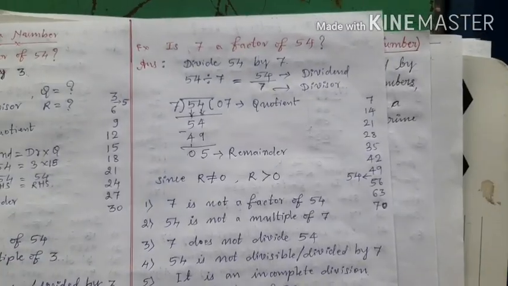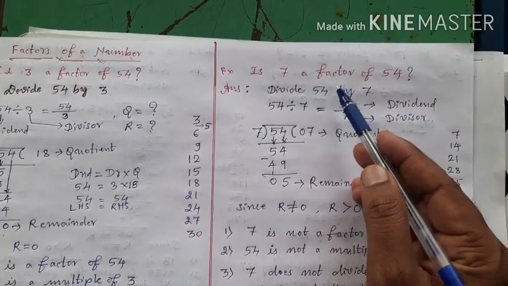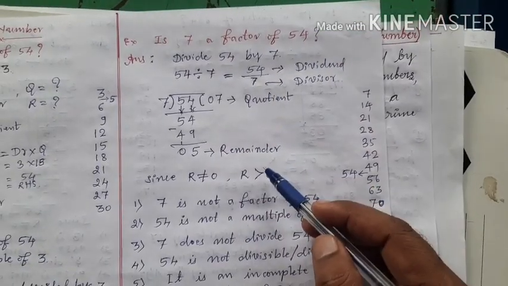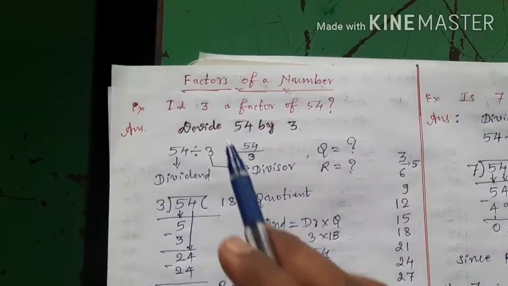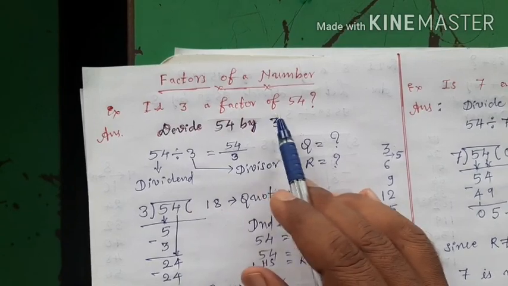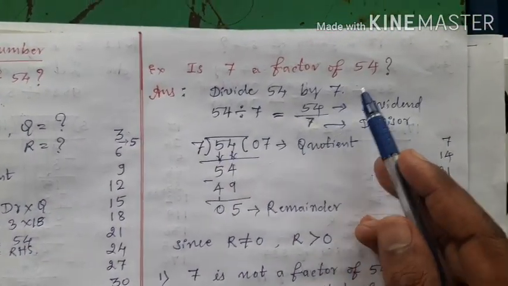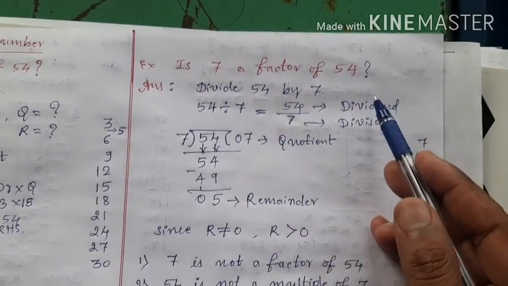Okay, and hence we can decide that 7 is a non-factor of a number. Here the quotient and remainder are 7 and 5 respectively. In this example you can say 3 is a factor of 54, and in this example we can say 7 is a non-factor of 54.